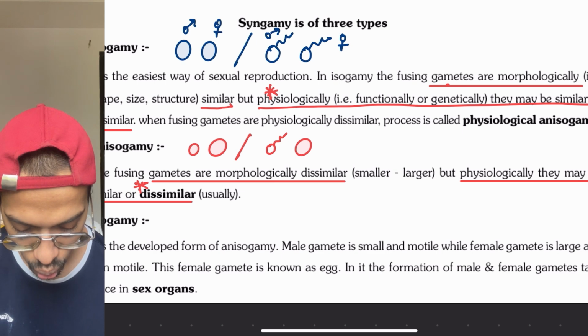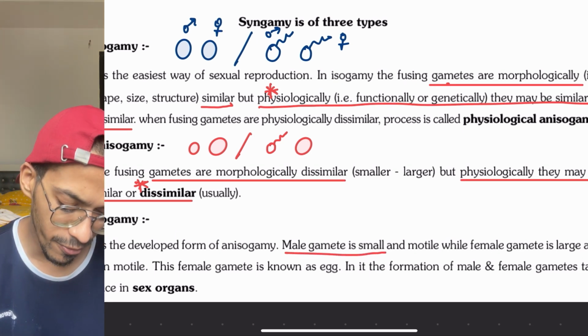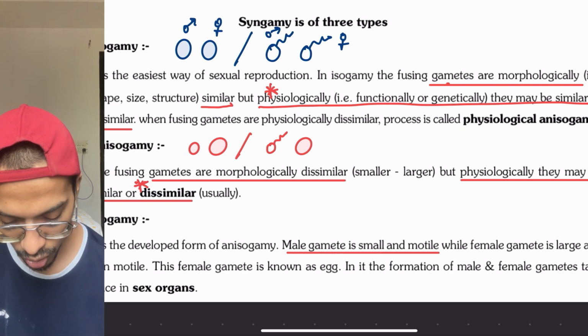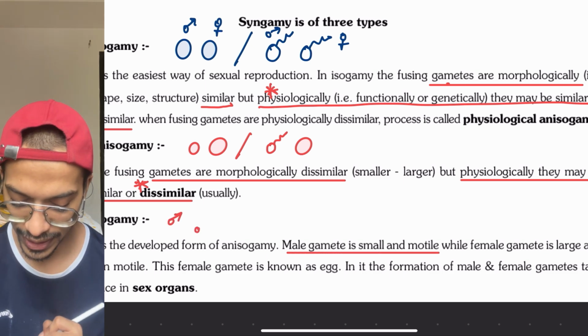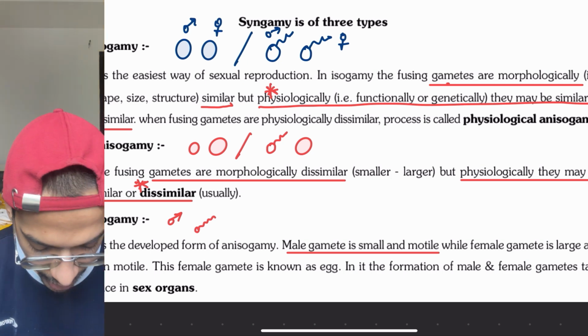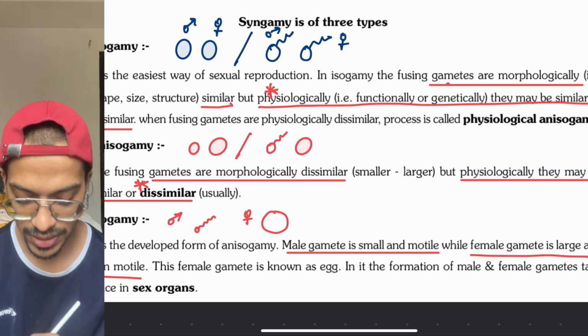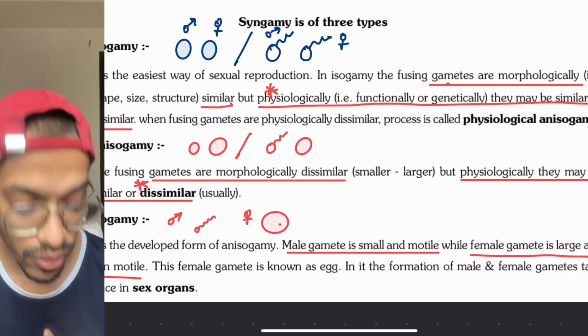Moving on to the next one, oogametes. Oogametes what? Male is small and motile, very fixed. Male would be smaller and motile, like sperm. And the female is large and non-motile, no flagella present. This is in the case of humans.